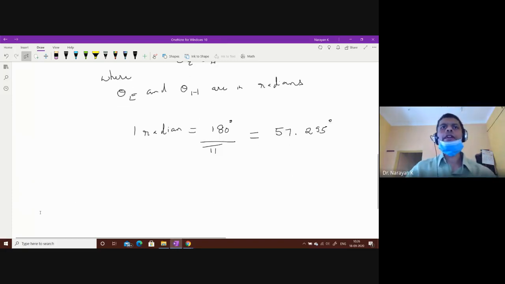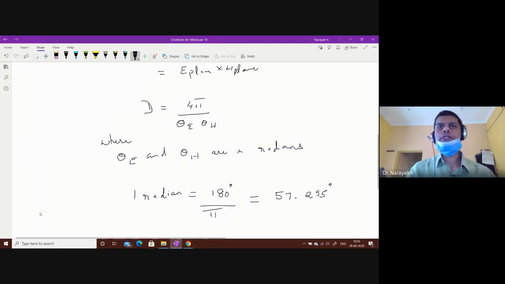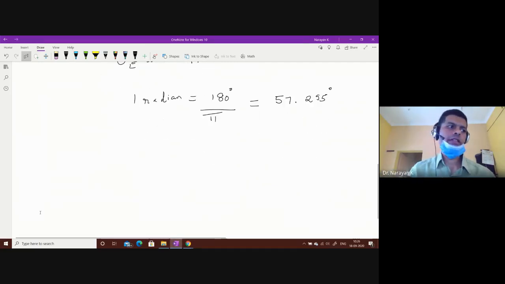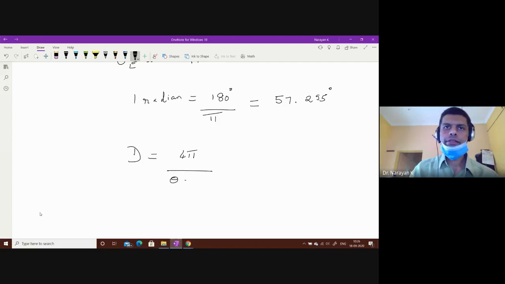If I have to write directivity in degrees, I will write directivity D is equal to 4 pi divided by theta E into theta H into 57.295 degrees whole square.